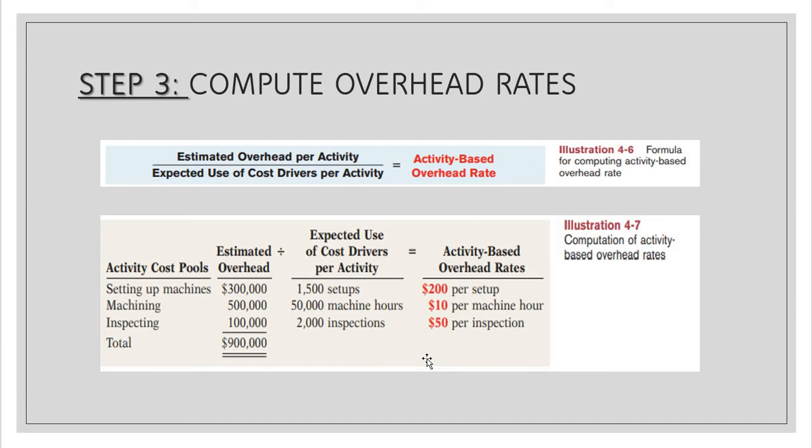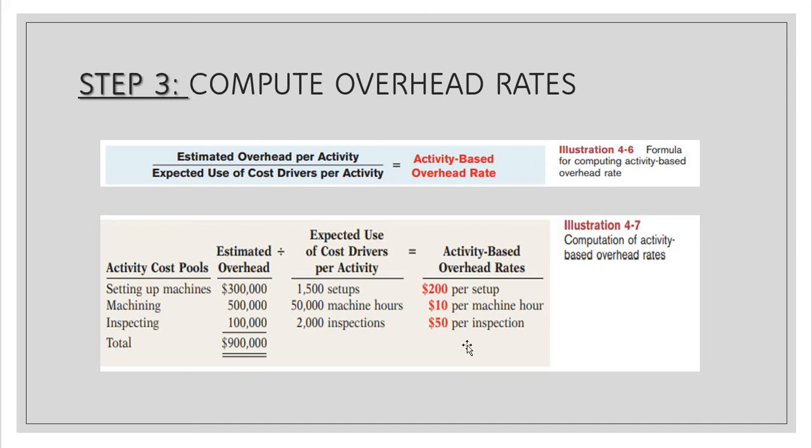Okay, so setting up, 300,000 divided by 1,500 setups. So per setup is 200. So you will be identifying the activity-based overhead rates. Okay, so ganyan ang pag-compute guys ha. So at last computes its activity-based rates by using estimated overhead per activity pool.